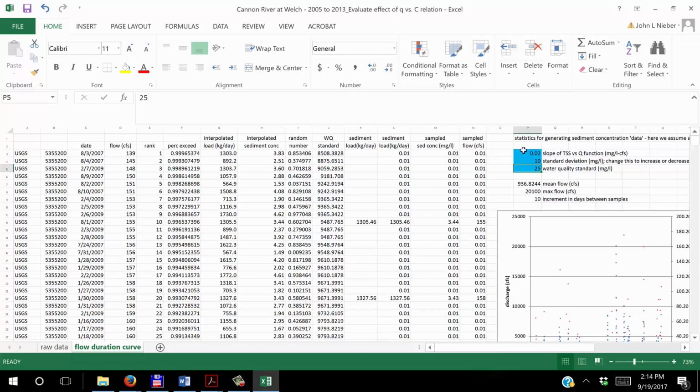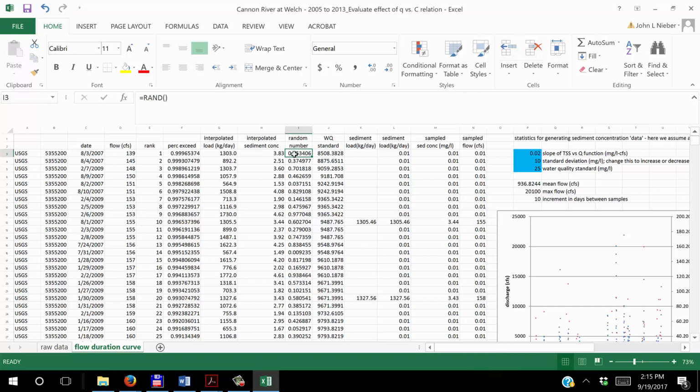The random number generator is based on using a uniformly distributed random number between 0 and 1. The random numbers are given in this column right here, and all these numbers that you see in this column range between 0 and 1.